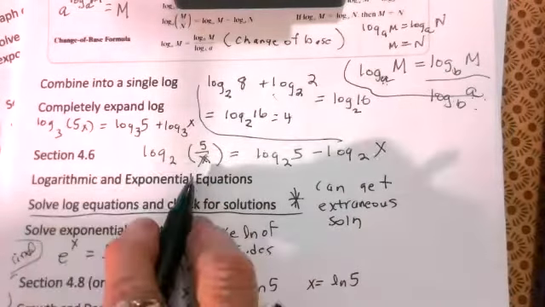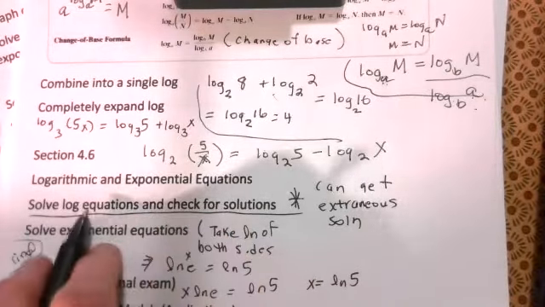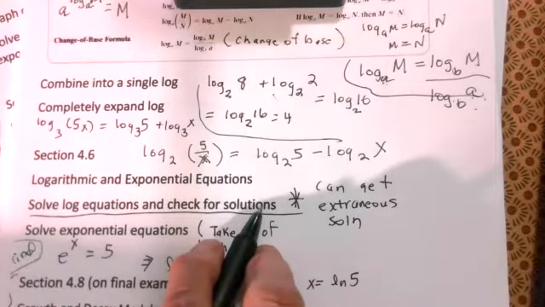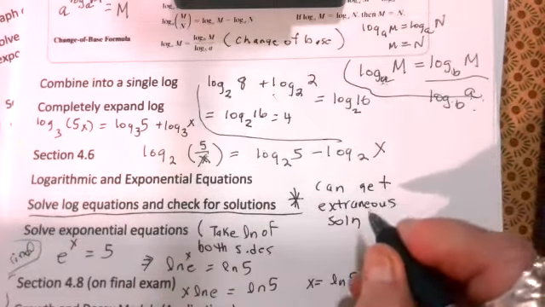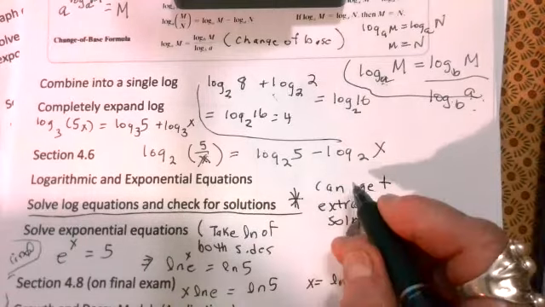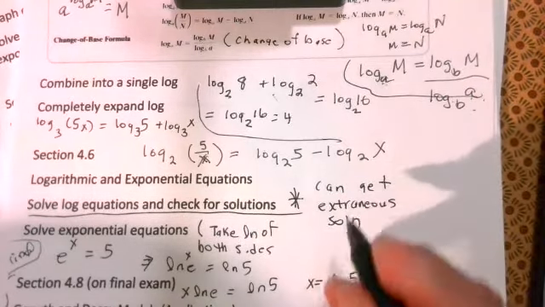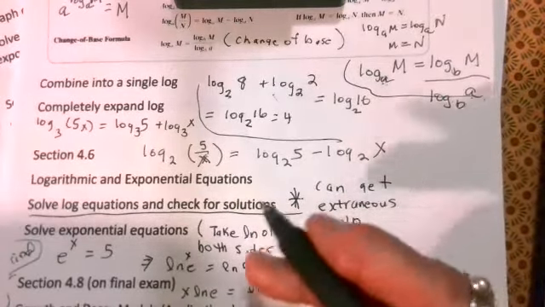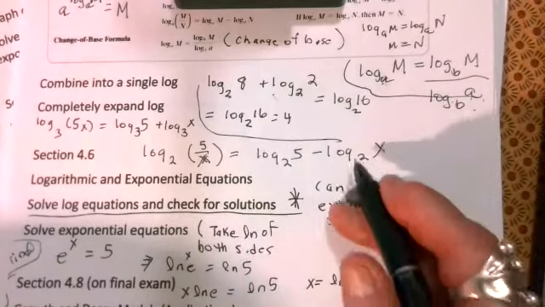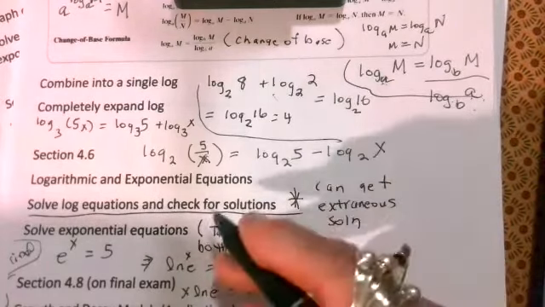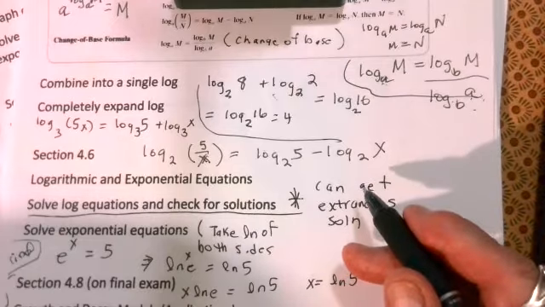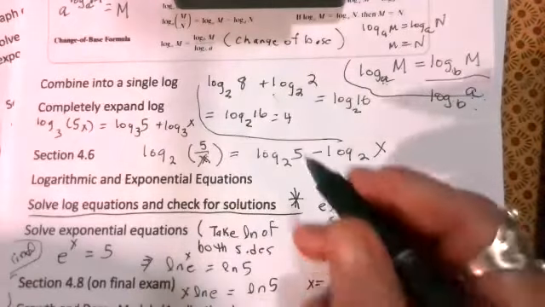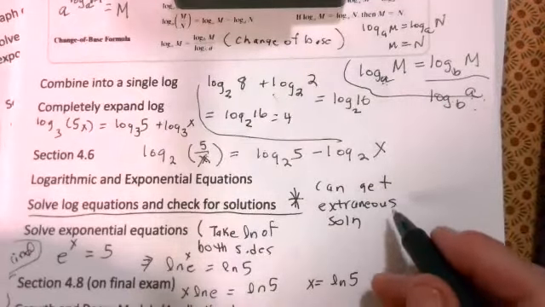So logarithmic and exponential equations: solve log equations and check for the solution. Remember that you can get extraneous solutions with a log equation. You have to remember the steps for solving equations, and which ones have special checks, like back when we squared both sides in a problem, we had to check for extraneous solutions.